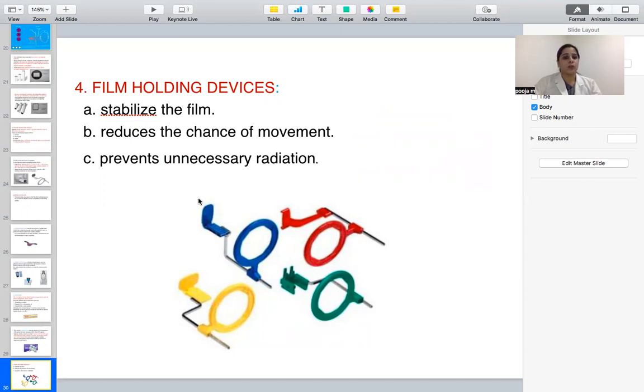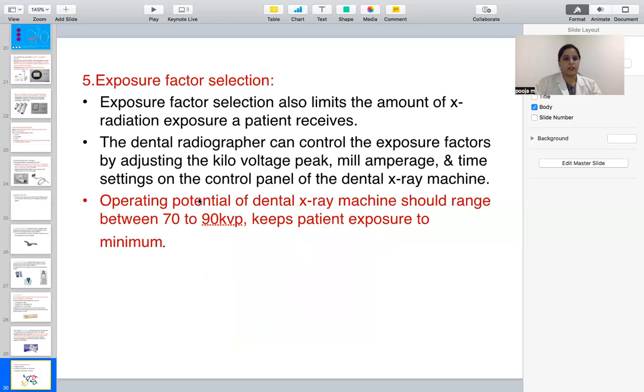It also prevents unnecessary radiation exposure of the patient, as if we don't use film holding devices, people try using a finger to hold the film. That should be avoided, because it unnecessarily exposes the patient to radiation. So with the use of these film holding devices, unnecessary radiation exposure to the patient is prevented.